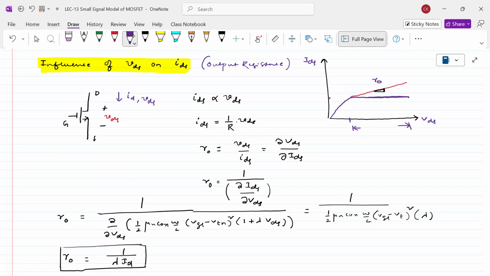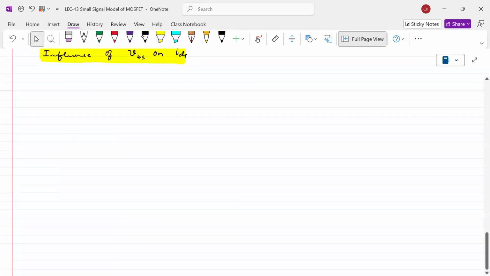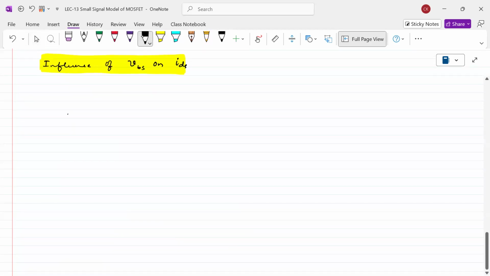Okay. Next, what is the last thing? Influence of VBS on IDS. That is another parameter also we can consider, because only these three things can influence the IDS value. Now our question is, the analysis is the same because we take a MOSFET.